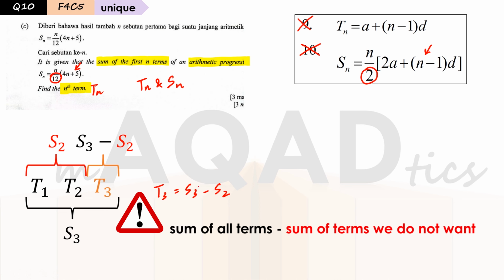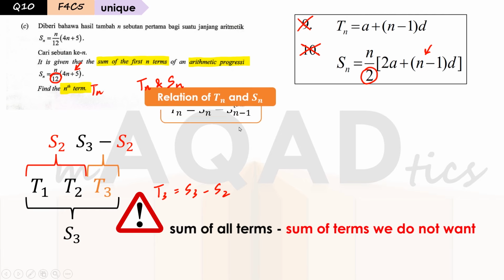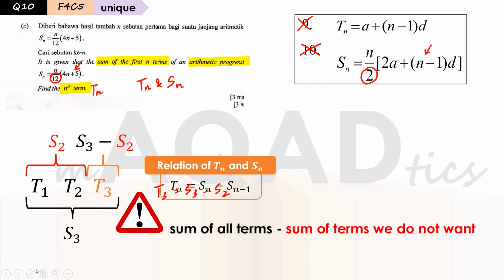So if we want to change this into Tn and Sn, it means the values here, we change it to n, so it would be something like this. Oops, sorry. So if you compare here, the 3 here is actually n, right? So for the 3 here, it will also be n, and since this is 2, which is one value lesser than 3, here will be n minus 1. Okay, because 3 minus 1 is 2.